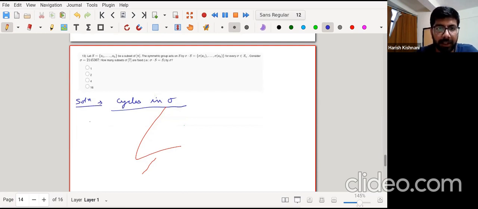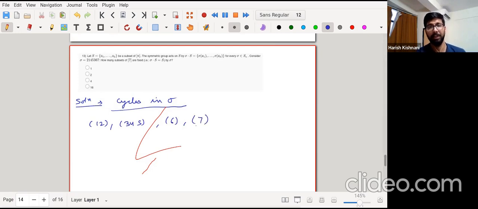So see, 1 2 is a cycle: 1 is mapping to 2, 2 is mapping back to 1. Then 3 is mapping to 4, 4 is mapping to 5, and 5 is mapping to 3, so 3 4 5 is a cycle. And 6 is mapping to 6, so it's a single cycle, you can say. And 7 is also mapping to 7.